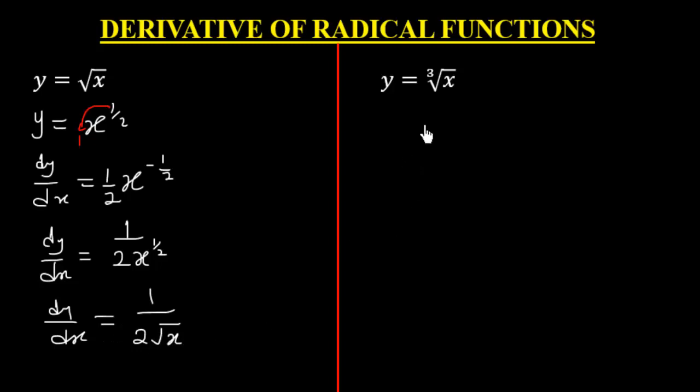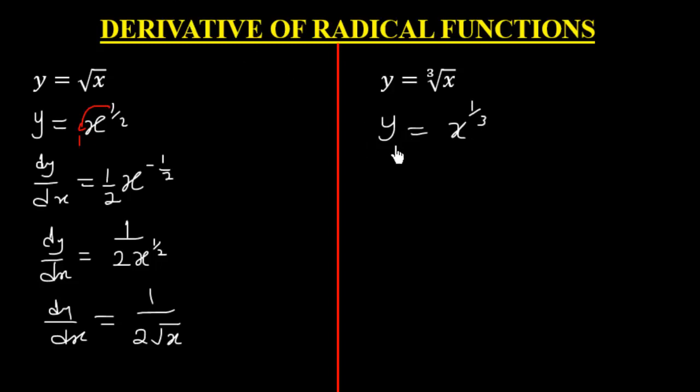Now let's look at another one over here. What is y equals cube root of x? Remember, we said that cube root of a is equal to a to the power 1/3. So we are using this idea to rewrite our function in its fractional index form. So y is equal to x to the power 1/3.